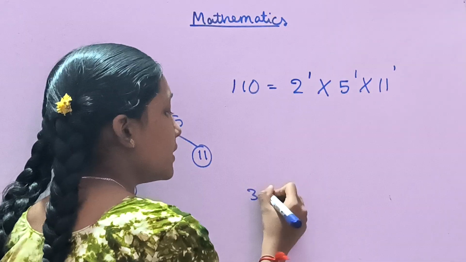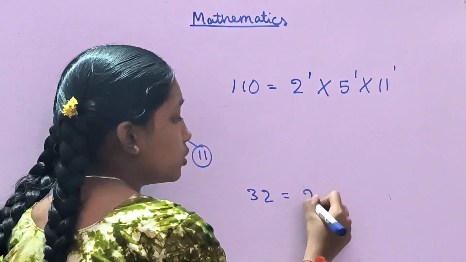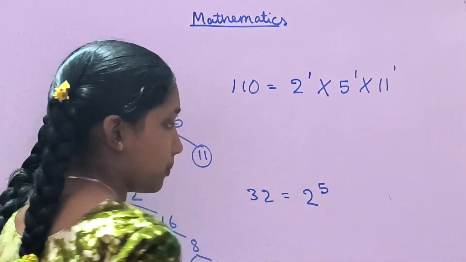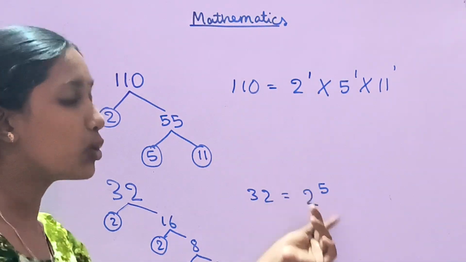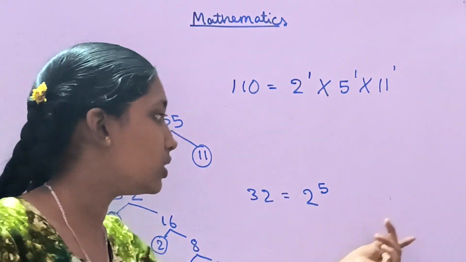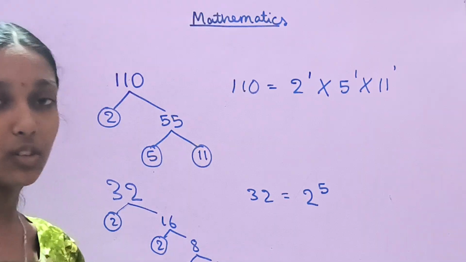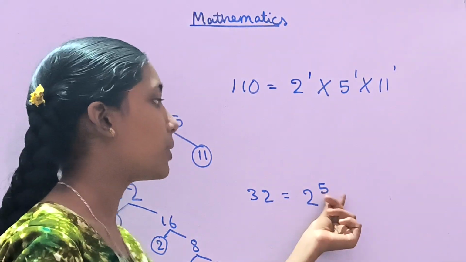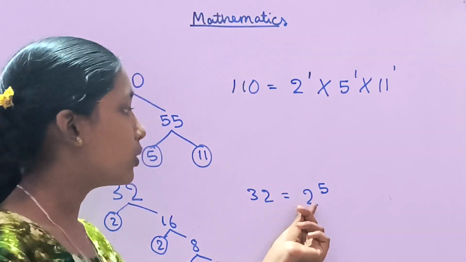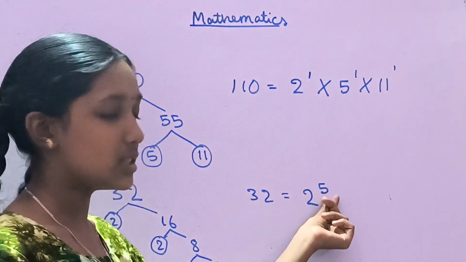So 32 is equal to 2 to the power 5. In earlier classes, we were writing this as 2 into 2 into 2 into 2 into 2. Now we know about exponents and their powers, so we will write it as 2 to the power 5, where 2 is the base and 5 is the power.